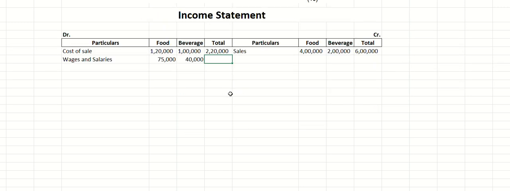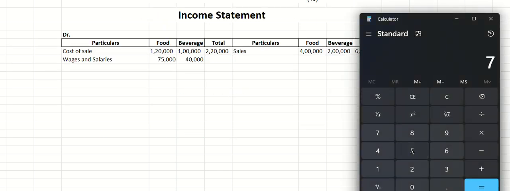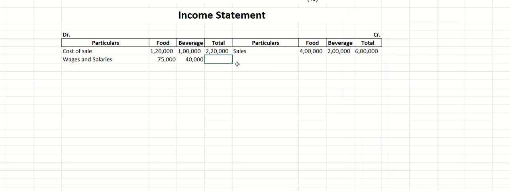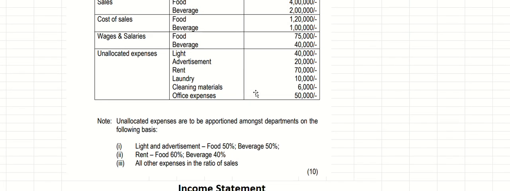So we can take the total, 75,000 plus 40,000. If you find it difficult, you can use a calculator. 75,000 plus 40,000 is 1,15,000. Okay, what else is given there?